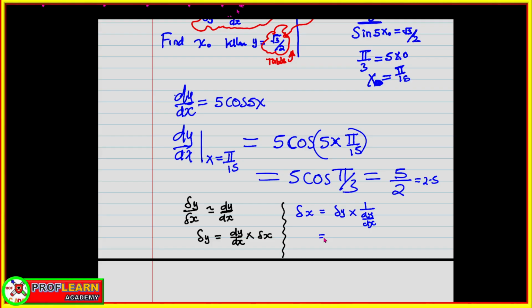This is going to end up being 0.01 times 1 over 2.5, which is going to translate to what?